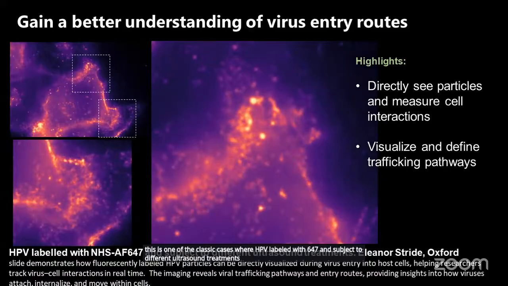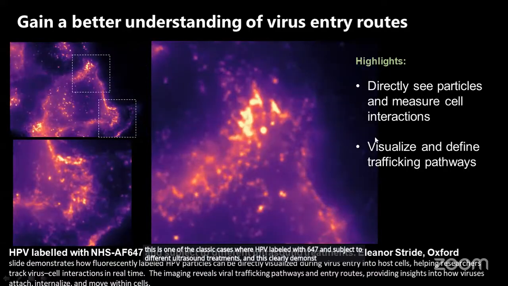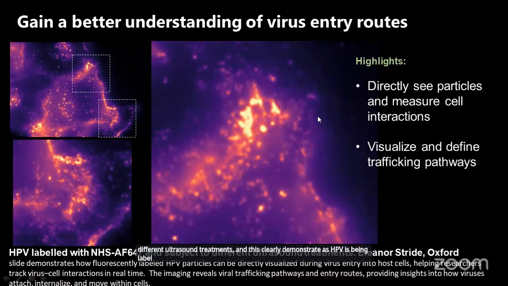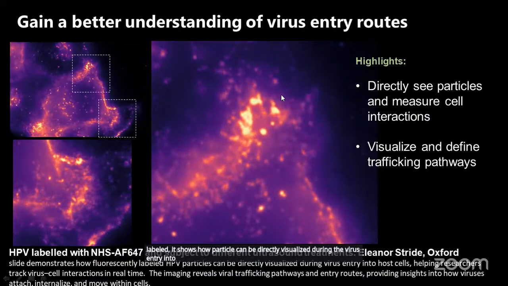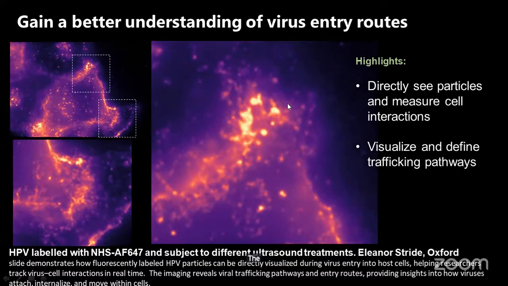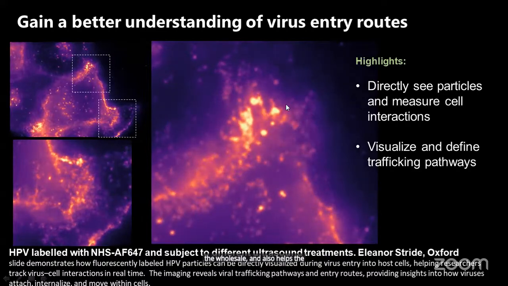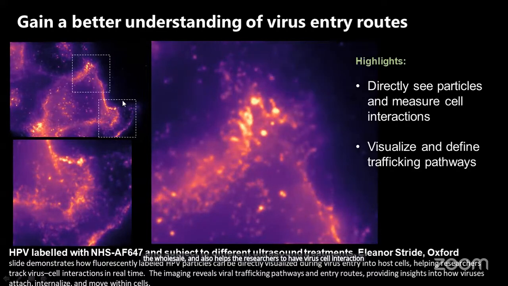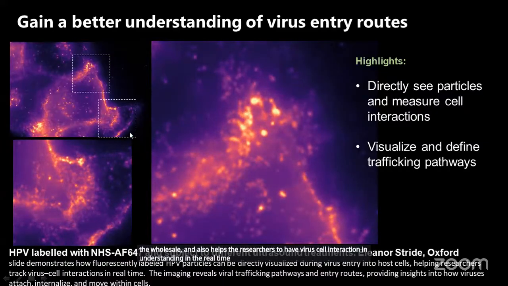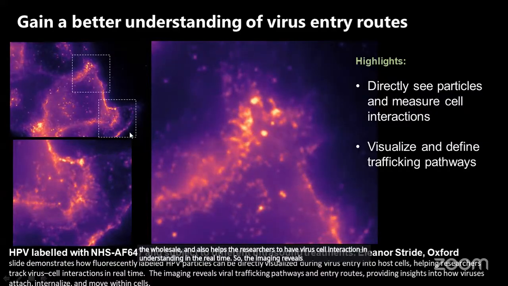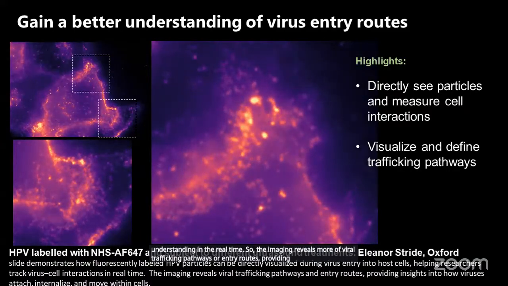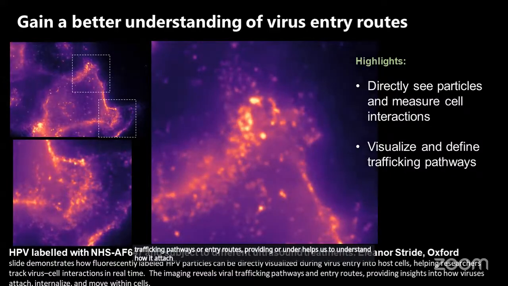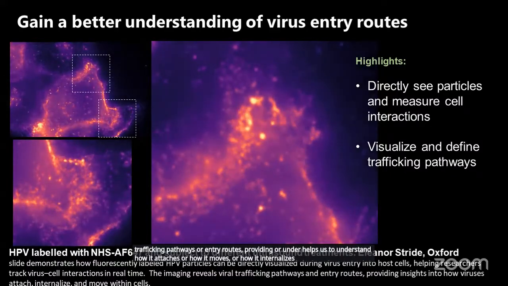This clearly demonstrates that as HPV is labeled, particles can be directly visualized during virus entry into the host cell, and it helps researchers understand virus-cell interaction in real time. So the imaging reveals viral trafficking pathways or entry routes, helping us understand how it attaches, how it moves, and how it internalizes within the cell.